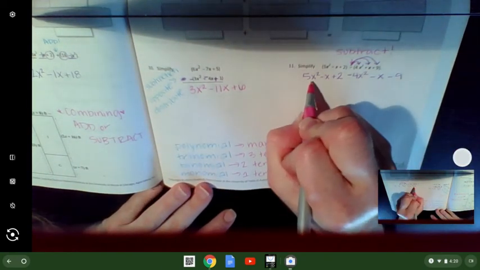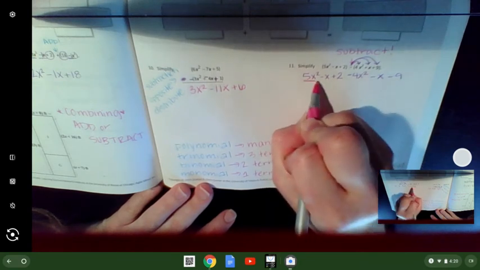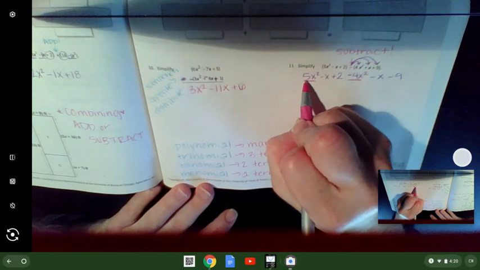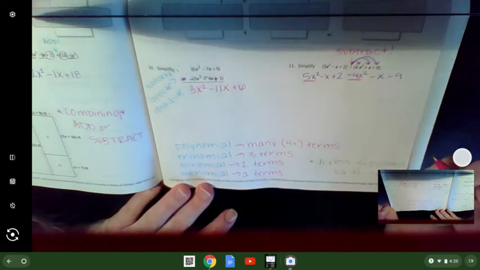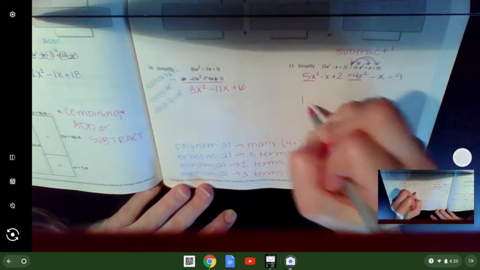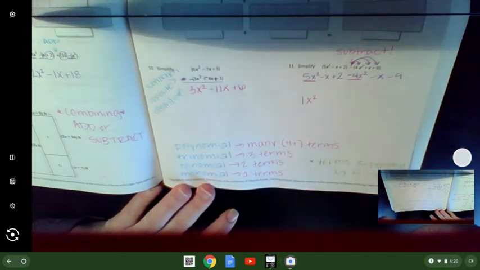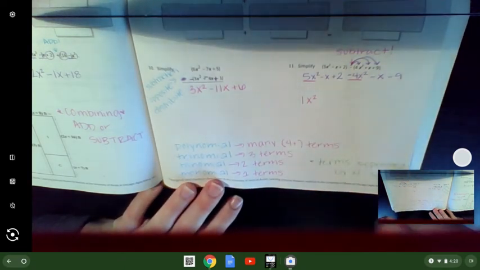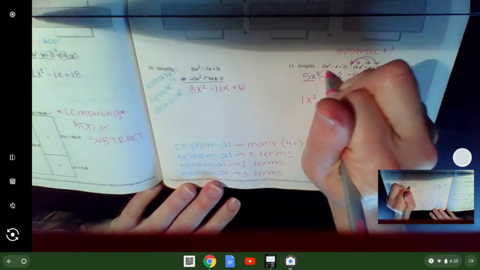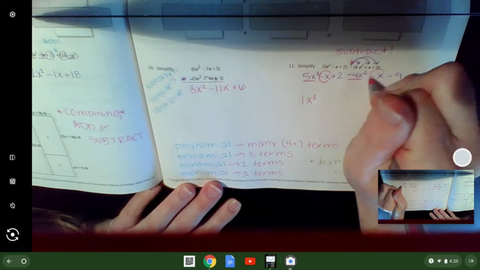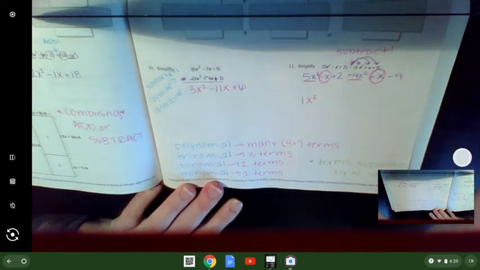So I have an x squared term right here. I'm going to scan through for my other x squared term, which is right here. 5 x's that are squared minus 4 x's that are squared leave me with 1 x that is squared. Again, that one is optional. If you don't want to write it, totally okay. Now I'm going to look here. I got a negative x, going to scan for another x term. I got another negative x here.